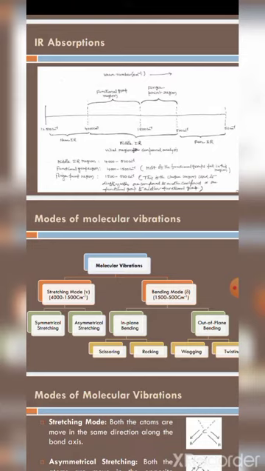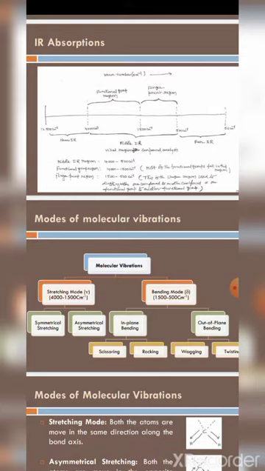The near IR range is from 12,500 centimeter inverse to 4,000. Between these ranges we can find the near IR, and the middle IR range is from 4,000 to 500. Again, this middle IR region is subclassified into functional group region and fingerprint region. The functional group region is from 4,000 to 1500 centimeter inverse.